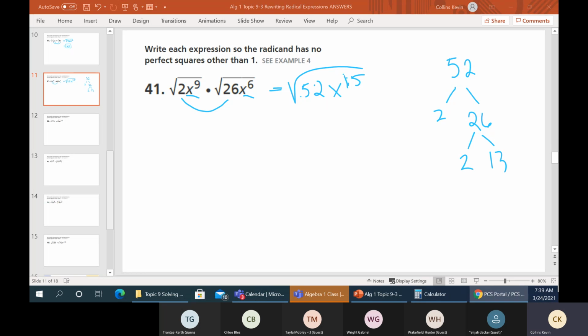Okay? So then the rule to this is as long as we got a pair of them, they can come outside the square root thing. So I've got 2 times 2, so that means the 2 comes out front. And we still have a 13 on its own, so he's going to stay inside.